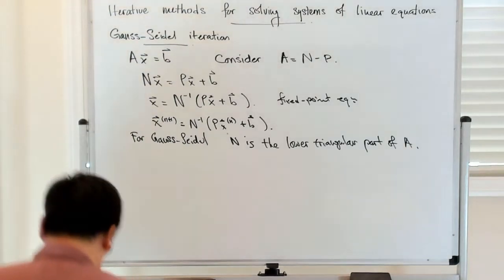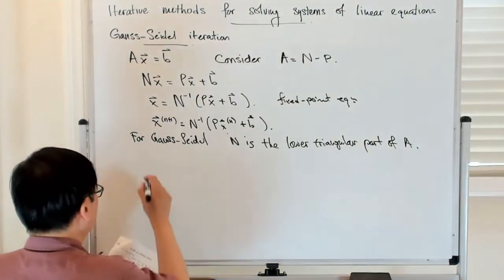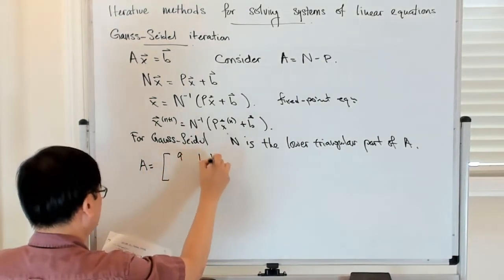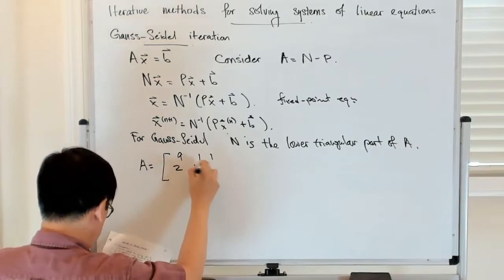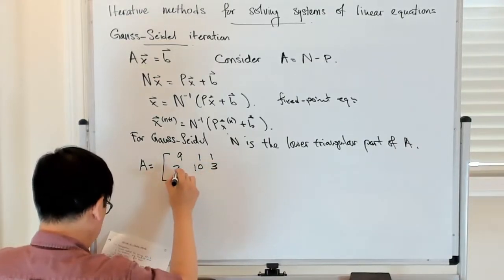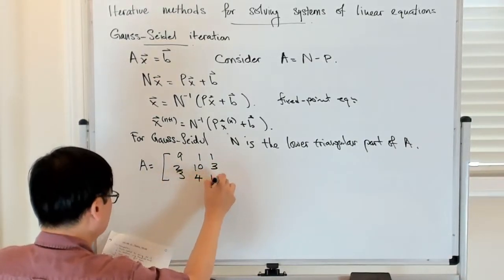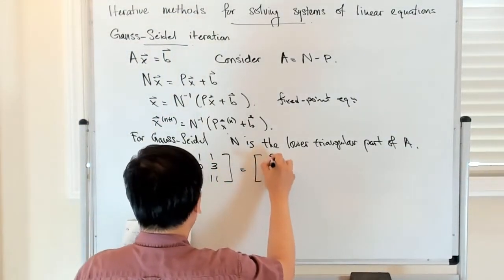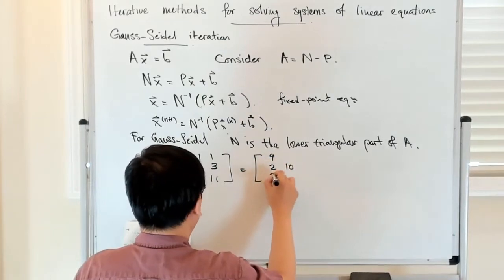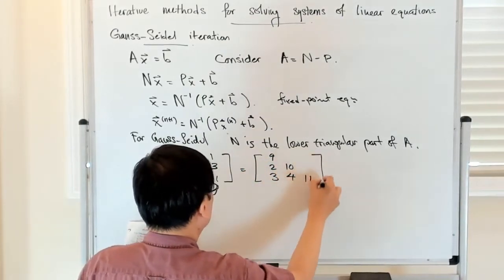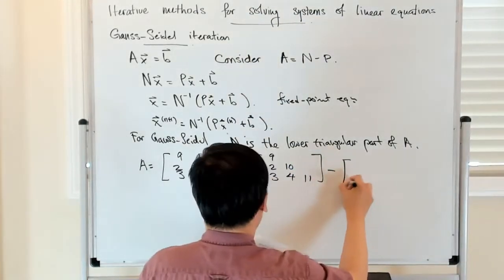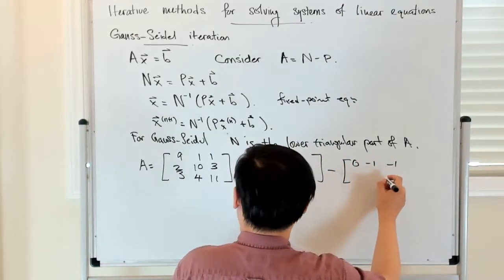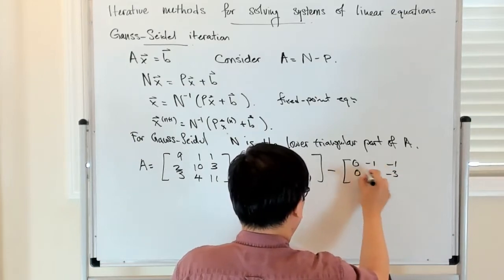Okay, so we had an example from before where A was 9, 1, 1, 2, 10, 3, 3, 4, 11. So I'm going to write this as the lower triangular part 9, 2, 10, 3, 4, 11, minus 1, minus 1, and minus 3 here.